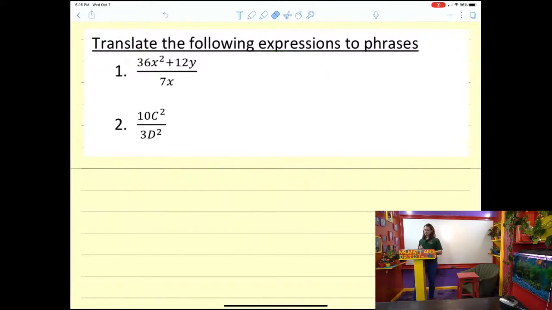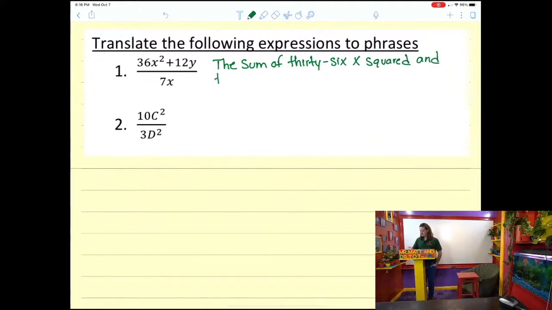Okay, so if we look at these two questions, the first, we could translate this one. So we're adding these two together, so we know when we add two values, that's the sum of the two values. So we could describe this as the sum of 36x squared and 12y.